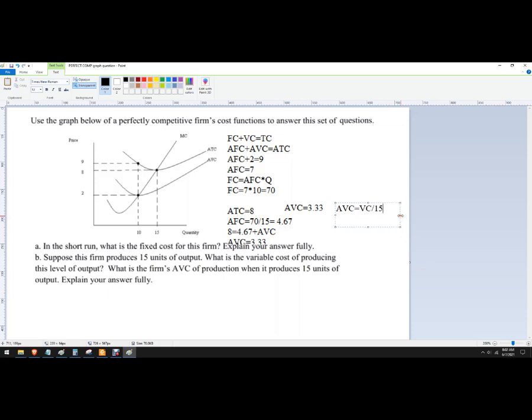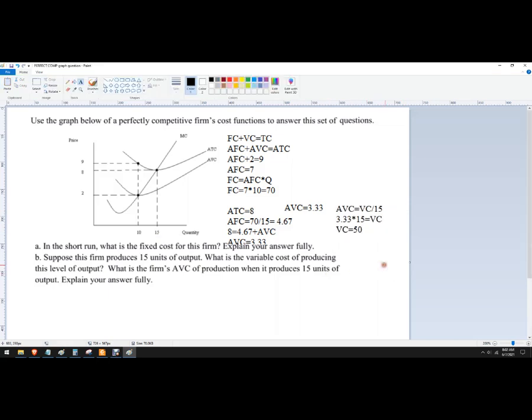So if you take $3.33 times 15, which is the quantity, that gets you our variable cost. So in this case, variable cost of producing 15 units is 50.